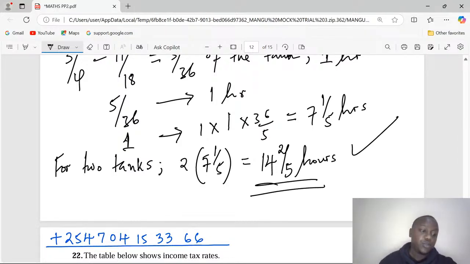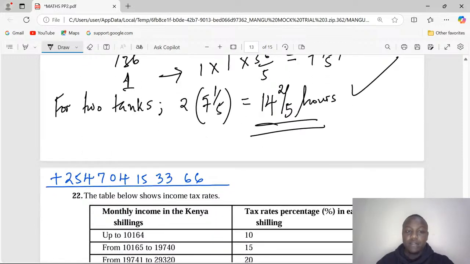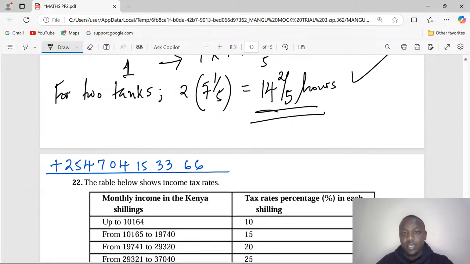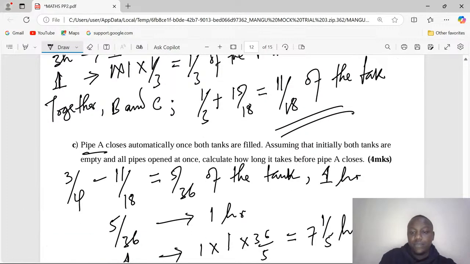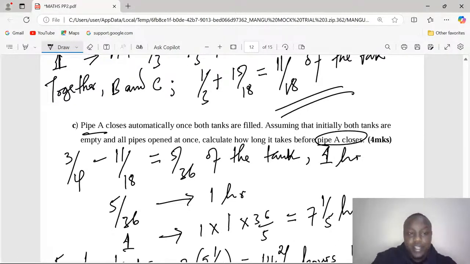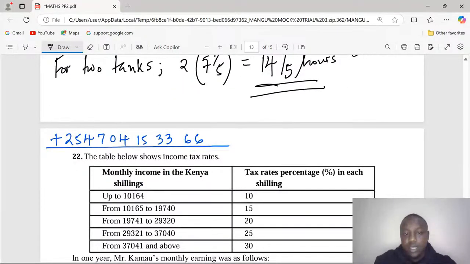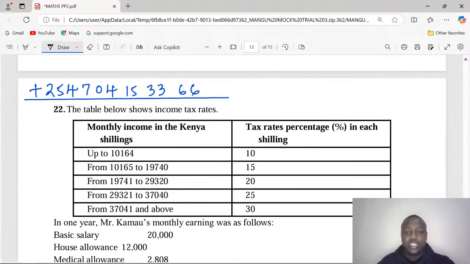That is the time taken for both tanks to be filled, and that is when pipe A is going to close. Let's look at 22.